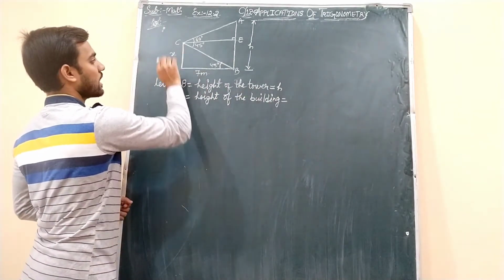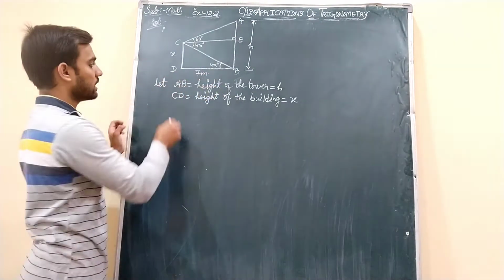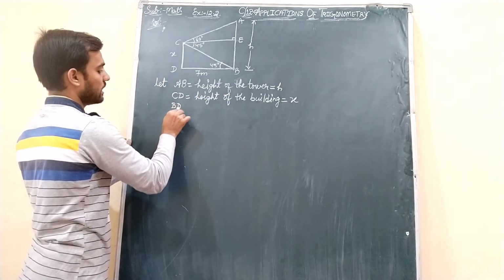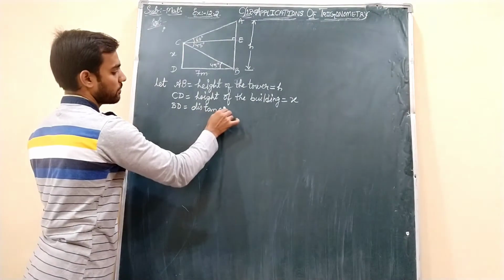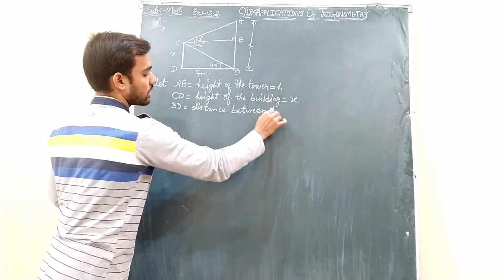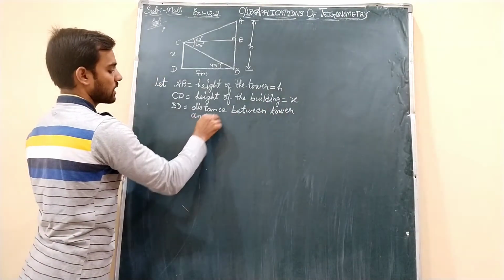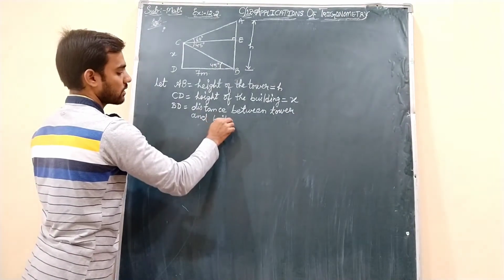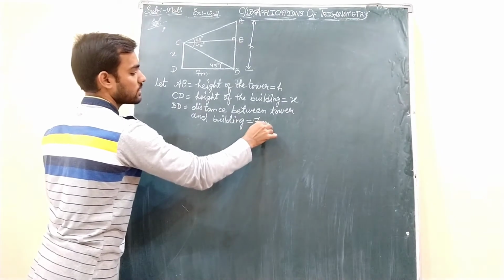Let us take this as X, students, right? Now this BD. BD is the distance between tower and building, that is given in the question as 7 meters.